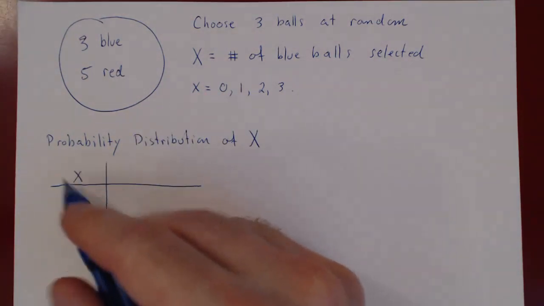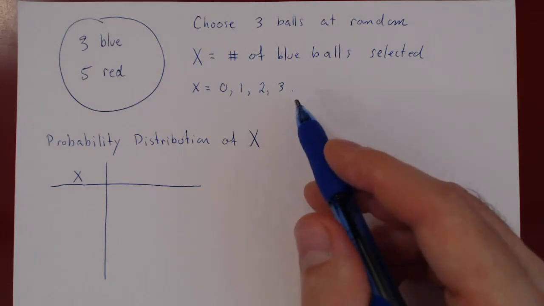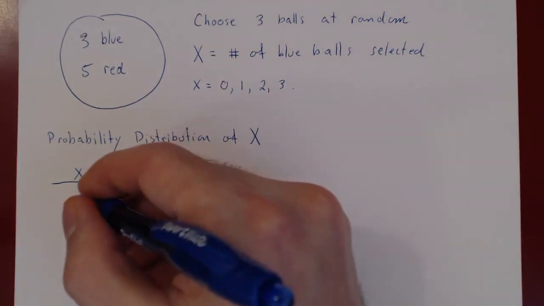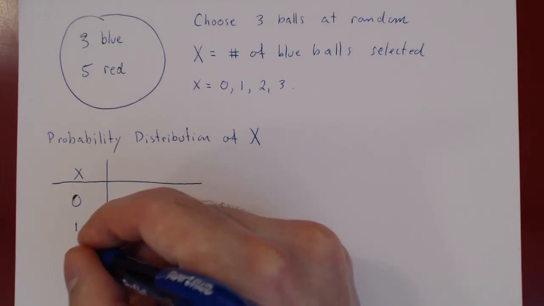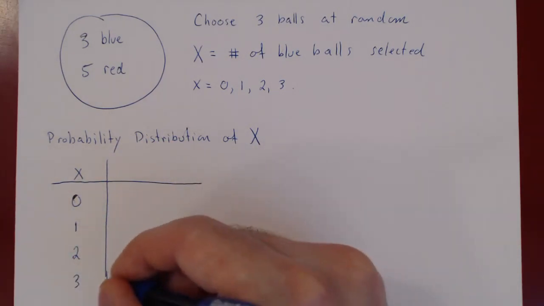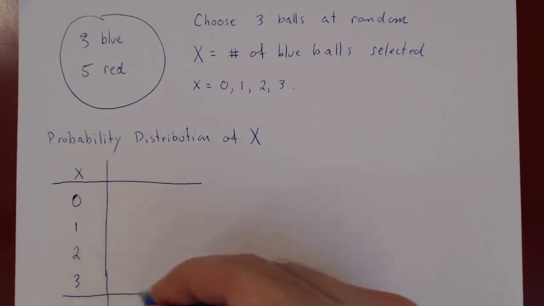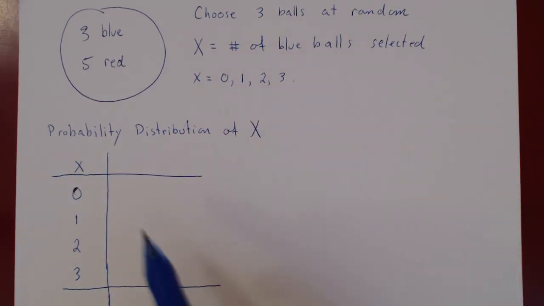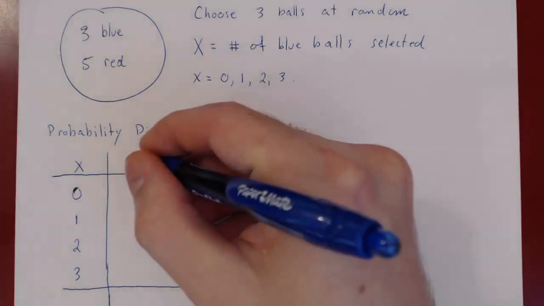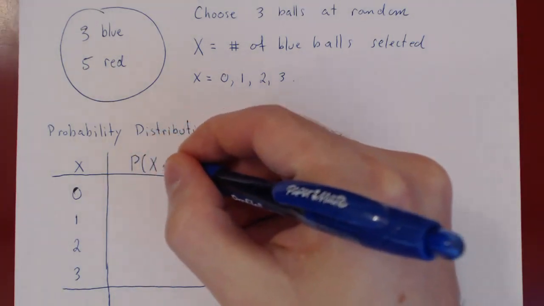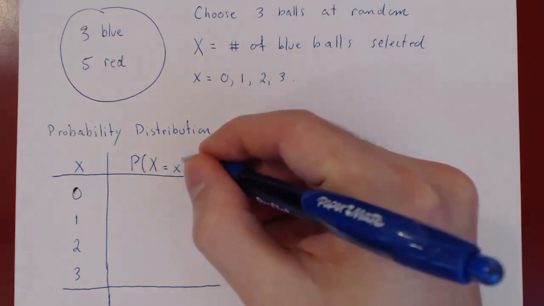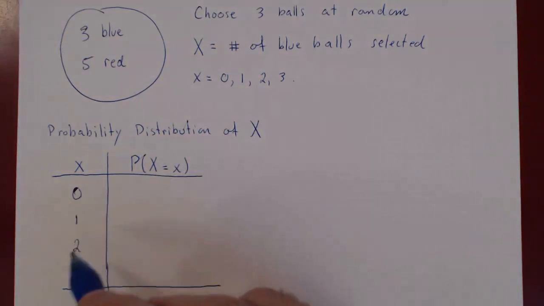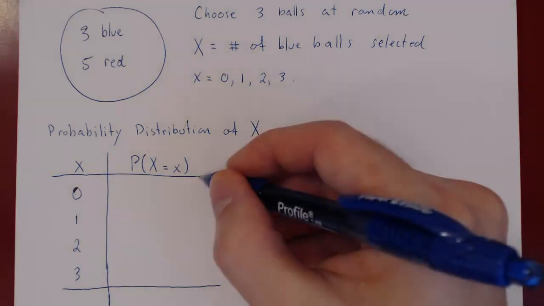And of course, lowercase x contains the actual values that the variable can take. So x can be 0, or it can be 1, or it can be 2, or it can be 3. And to each possible value that x can take, we assign its probability. So what is the probability that the random variable equals the corresponding x value? So for each value, let's find the corresponding probability.